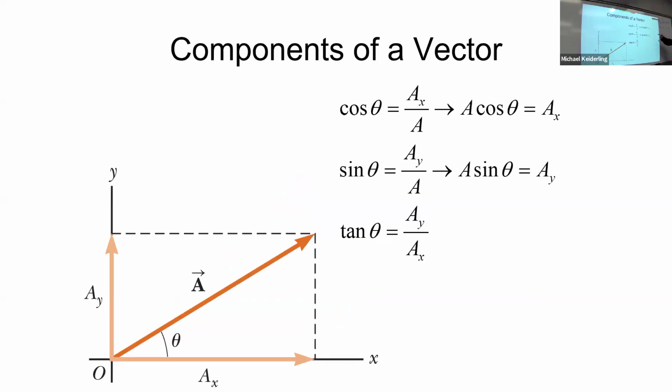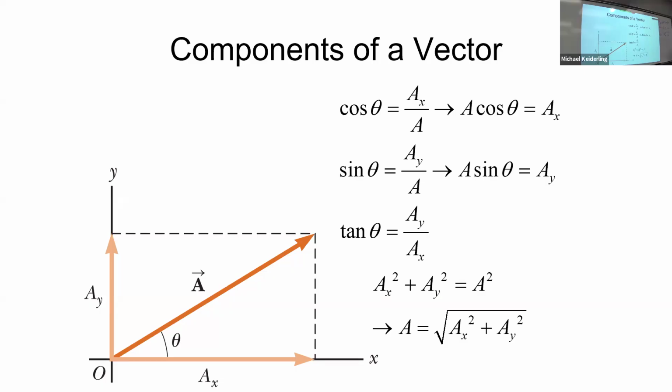So if you want the components, a_x is a cosine theta, a_y is a sine theta. That's how you go from magnitude and direction to components. To go the other way, from components to magnitude and direction, the magnitude is the square root of a_x squared plus a_y squared.